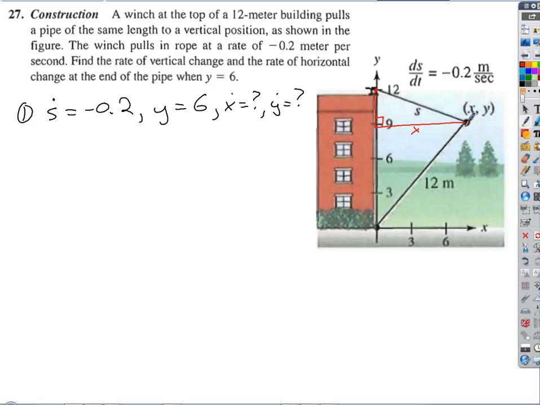Okay, what's the hypotenuse? S. And what's that side? I'm not going to tell you, you tell me.